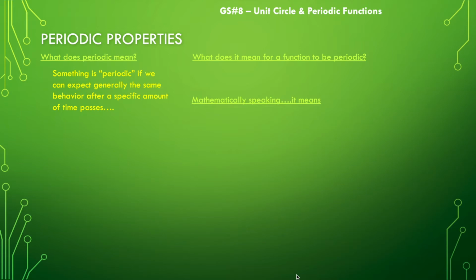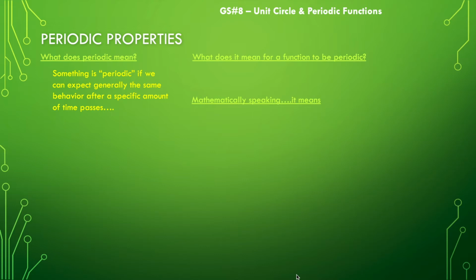We know that it's going to snow about the same time every year if you live in an area where it snows. So about every 12 months, we start a season of cold weather where we might get snow. Anything that we can pretty much rely on happens after a specific period of time is called periodic.